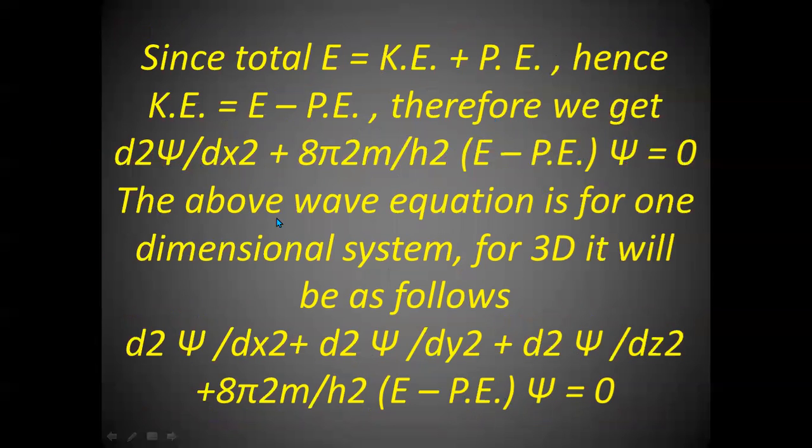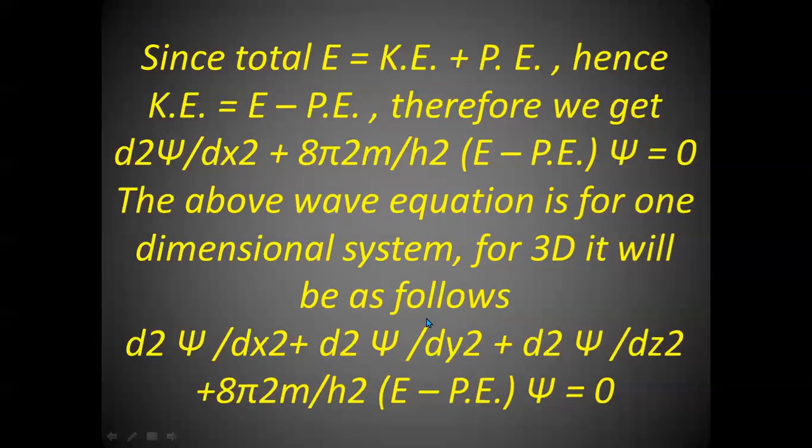The above wave equation is for one dimension. In the beginning, we assumed only movement in the x direction. Now, because it is three-dimensional, we have to take all the dimensions, because we don't know in which direction the electron is moving and where it is.